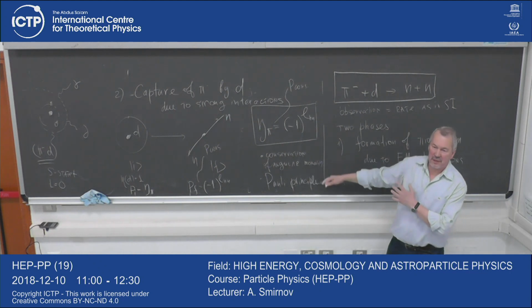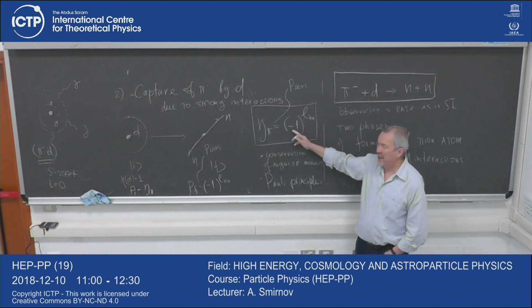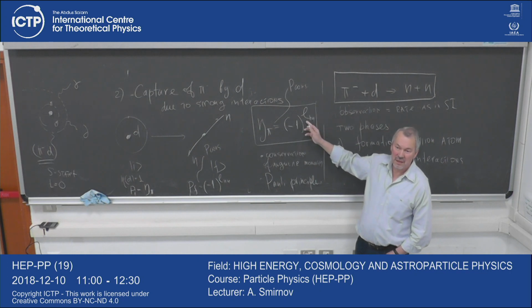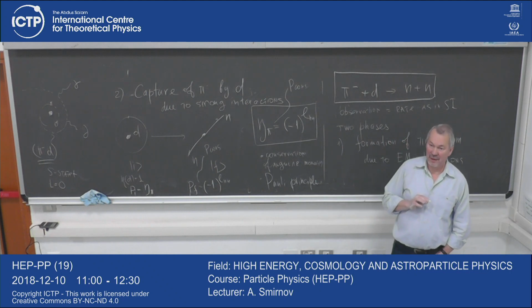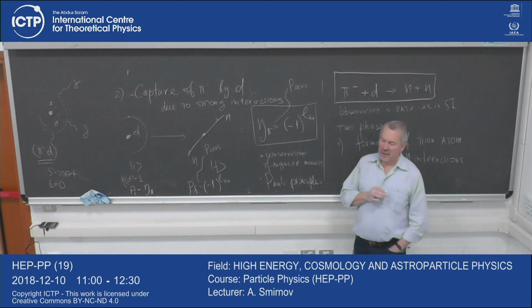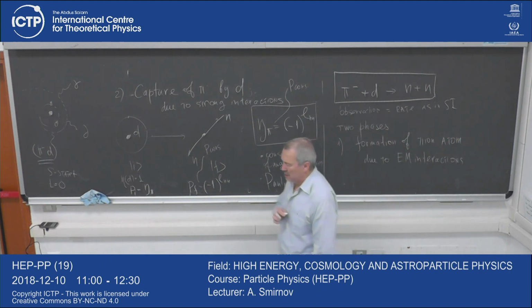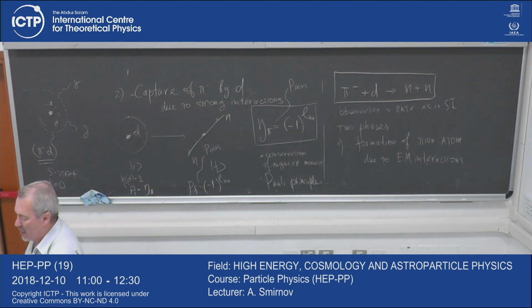So I will not present this analysis. But what has been found is that the parity of the final state is -1, so L is 1, and therefore the parity of pion should be -1. And then one can use other strongly interacting processes to establish the parities of other particles using conservation of parity and knowing the parity of pion.